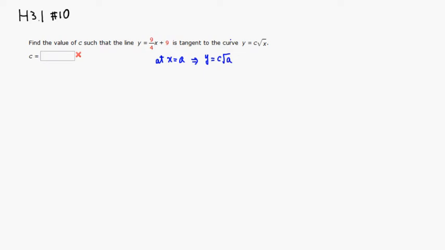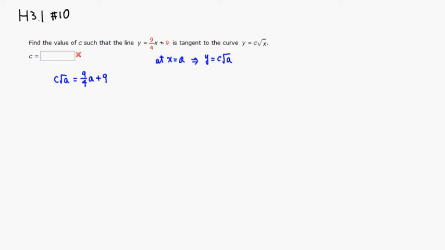It still satisfies, so I'm going to say y is c square root of a. So put that in. Then you have c square root of a is equal to 9 over 4 a plus 9, because this point is supposed to be on the tangent line and the curve as well.